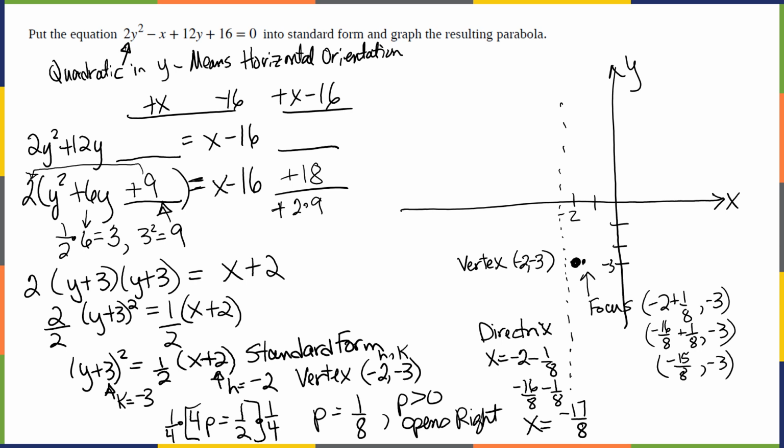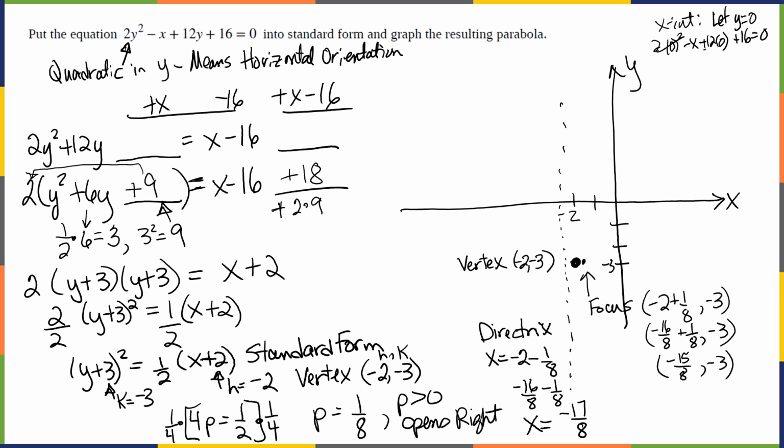To get a better idea, we probably need to locate the y-intercepts and the x-intercepts. For the x-intercept, we let y be 0, so I will have 2 times 0 squared minus x plus 12 times 0 plus 16 equal to 0.